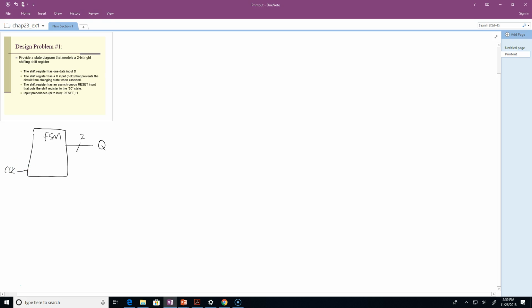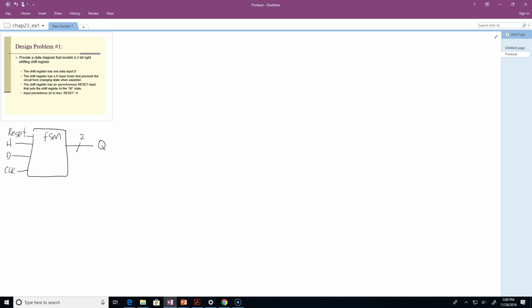What else does it have? It has an H for a hold. It has a D input, and I think it has a reset. Okay, so there are my 4 inputs, my 2 outputs. The Q is, once again, the state of the shift register.